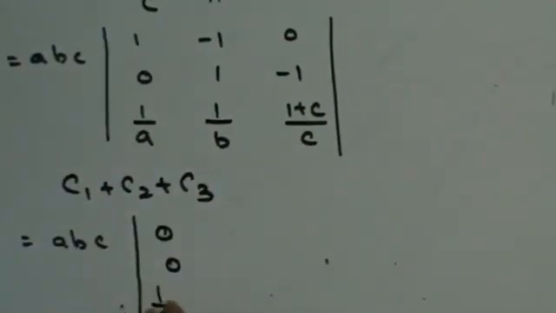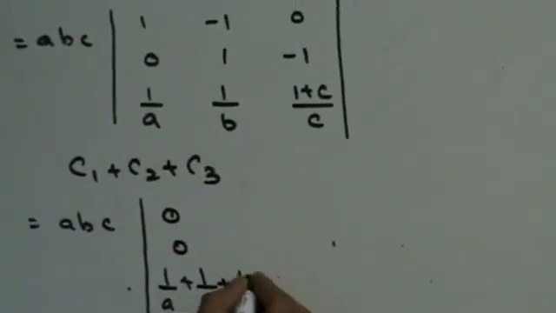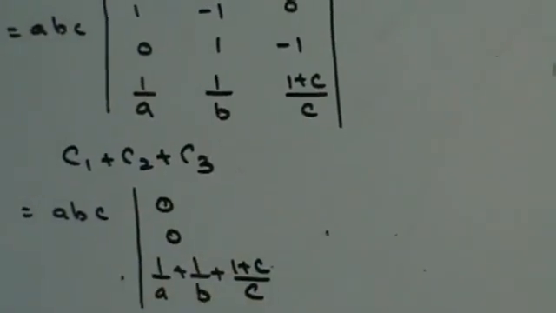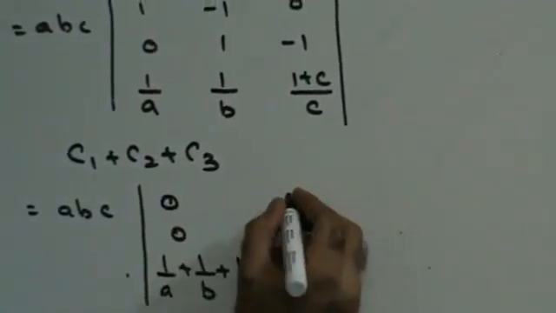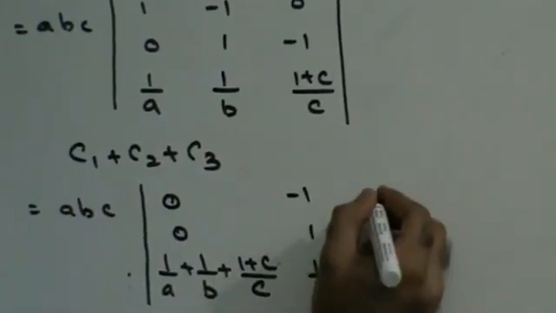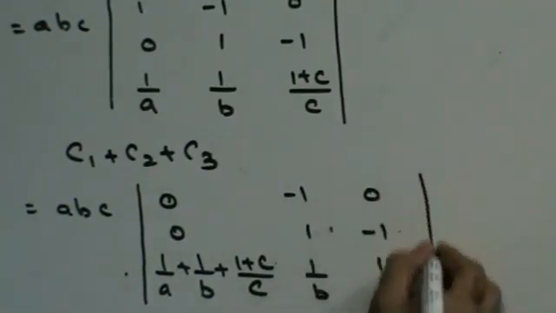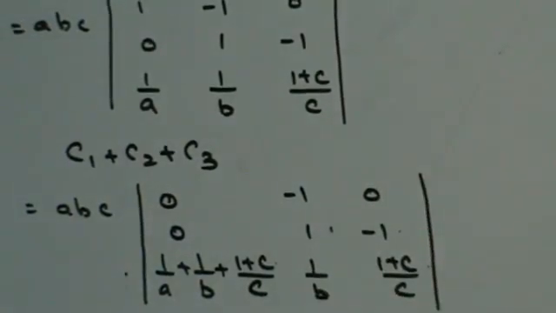And this will be 1 upon a plus 1 upon b plus, guys, 1 plus c upon c. The balance as it is, minus 1, 1, 1 upon b, 0, minus 1, 1 plus c upon c. Right, do we get this thing clear?